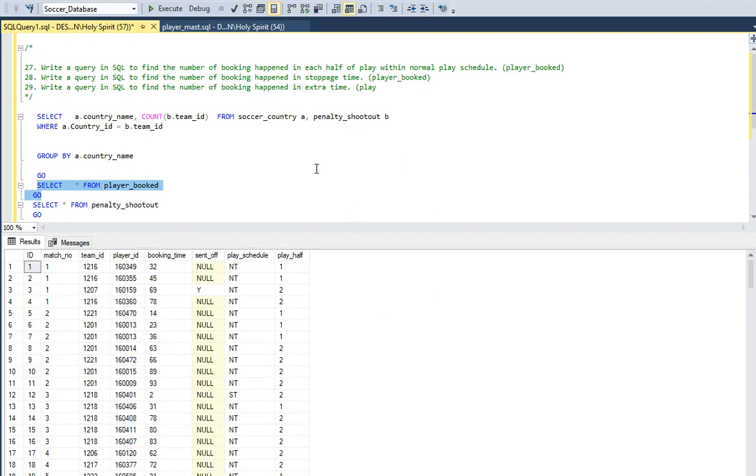Execute. Yeah. Write a query in SQL to find the number of bookings happened, booking time. Okay, this is booking ID. If we can count this ID actually. Count.